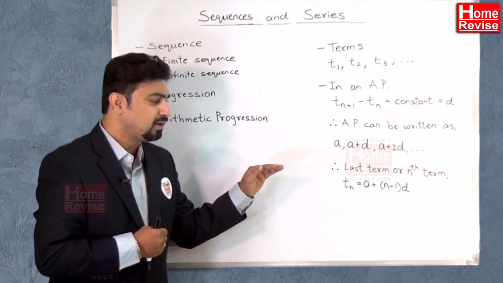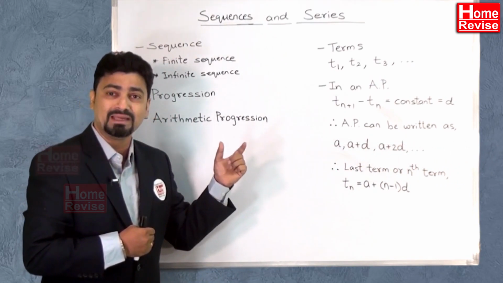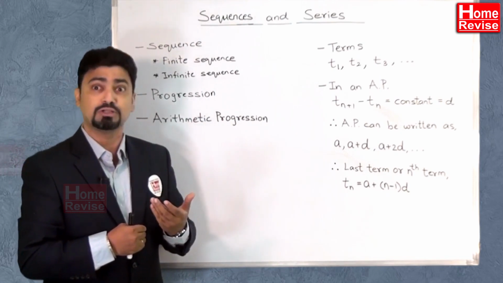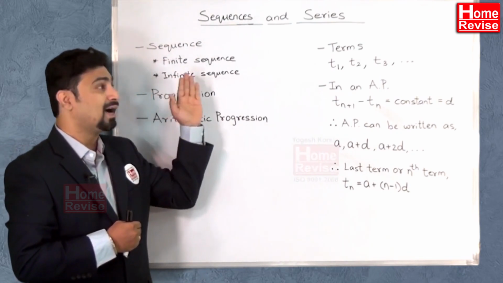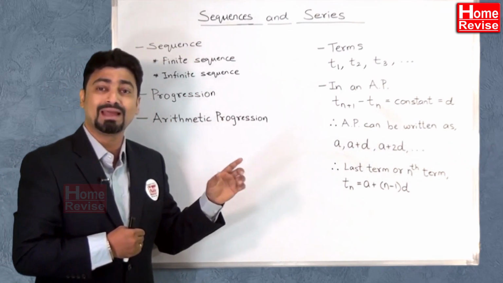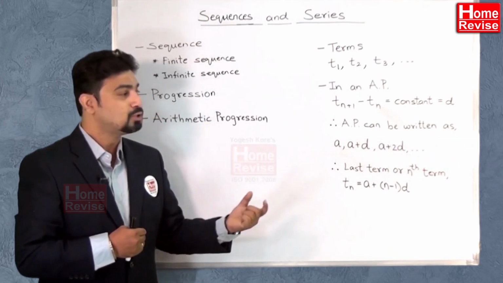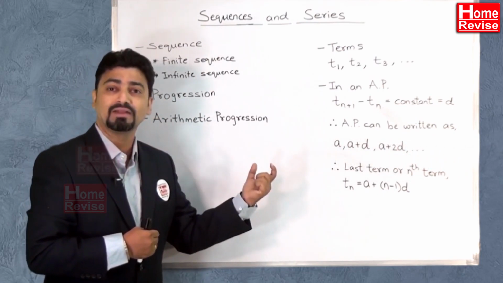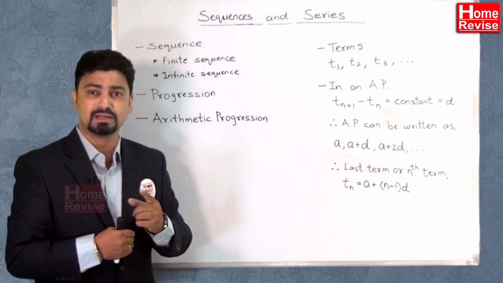Now, we can determine the nth term obviously only if the AP, that is a progression which is also a sequence, is a finite sequence. Only in case of finite sequence we can determine the nth term or the last term. So this is what you have about arithmetic progression or AP, which you have already studied in your previous standards.